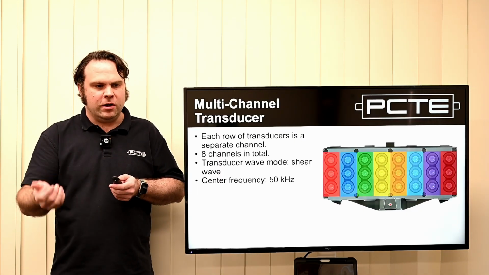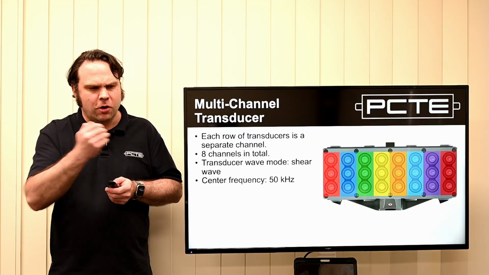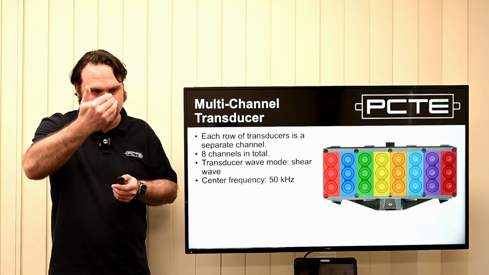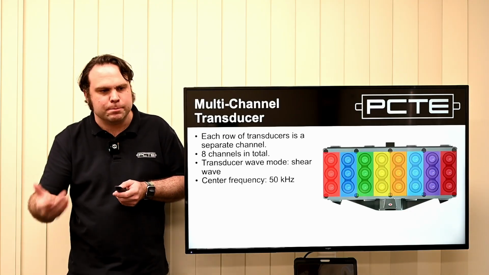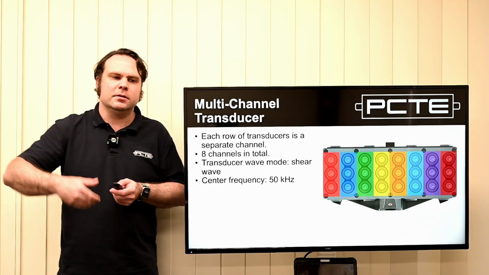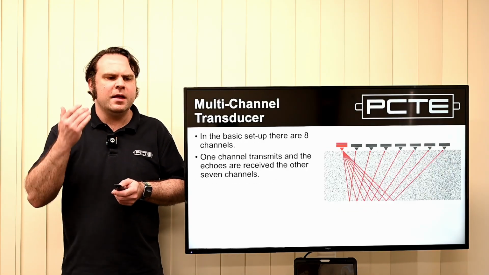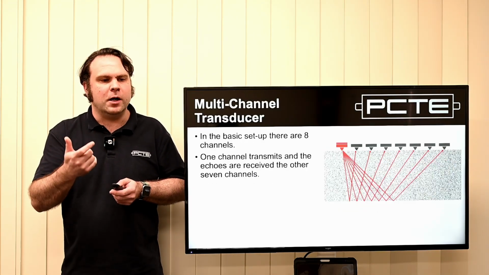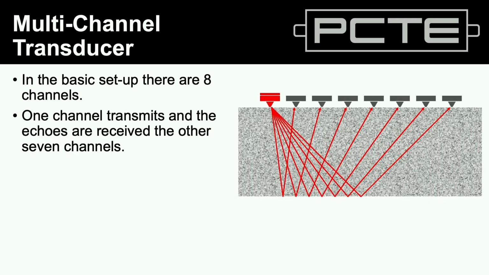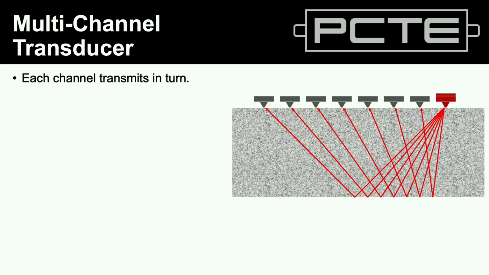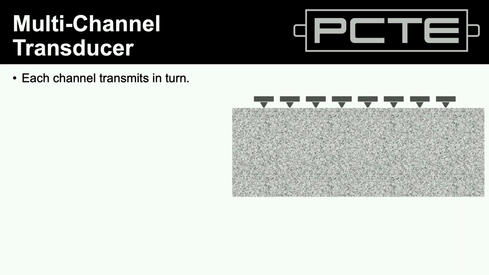So we've got 8 points of contact. Each set of 3 transducers acts as a single point of measurement or point of transmission. And we have about a roughly 50 kilohertz frequency on it. And what it does is we'll send from one and we'll receive on the others, so we can do a visualization of the region underneath that transducer.